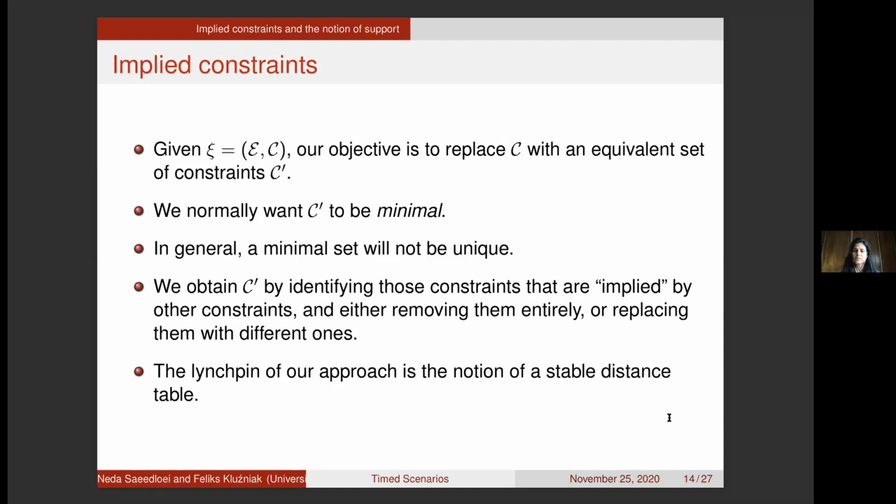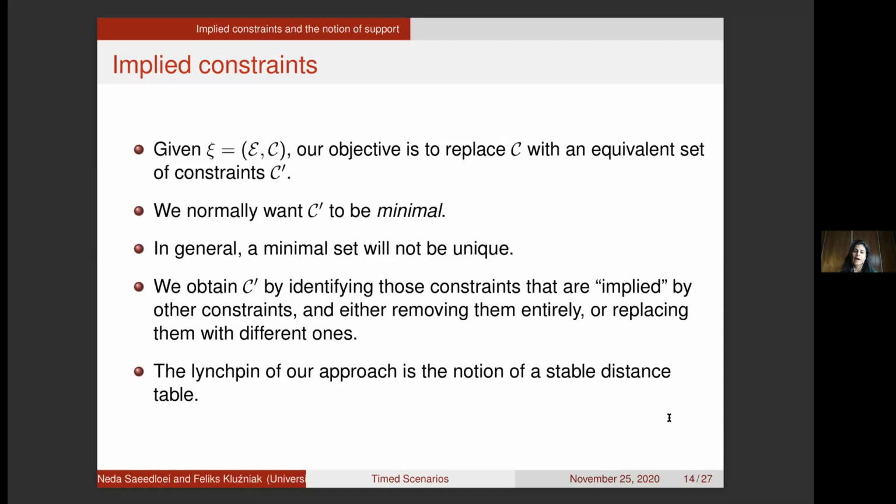We normally want C prime to be minimal, in the sense that removing a constraint from C prime would change the semantics of C prime. However, in general, a minimal set will not be unique, so one often has to apply various strategies to obtain one set that is most satisfactory according to some criteria. We obtain C prime by identifying those constraints that are implied by other constraints, and we either remove them entirely or replace them with different ones.